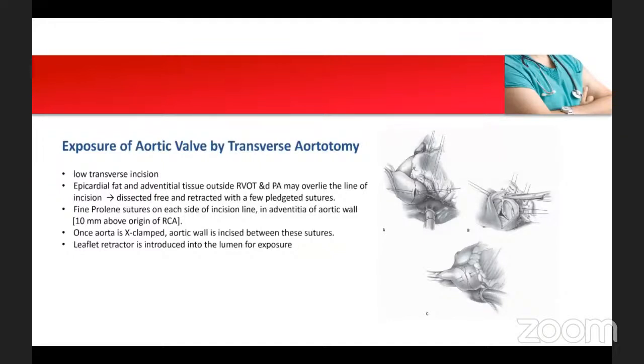Once the aorta is cross-clamped, the aortic wall is incised between these sutures, and the leaflet retractor is then introduced into the lumen for exposure.